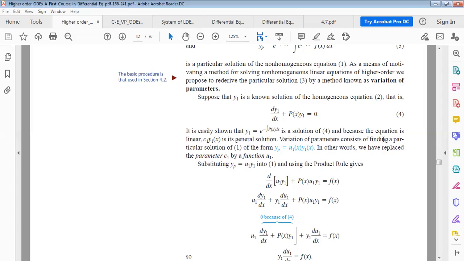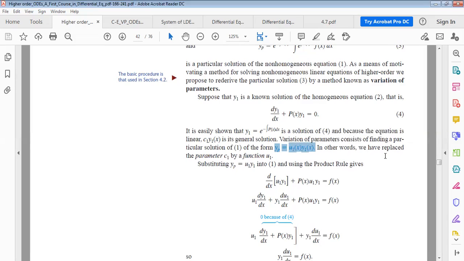So variation of parameters consists of finding a particular solution of equation 1 in the form yp equals u1(x) y1(x). Sorry, these types of solutions will be called particular solutions with the variation of parameters method.